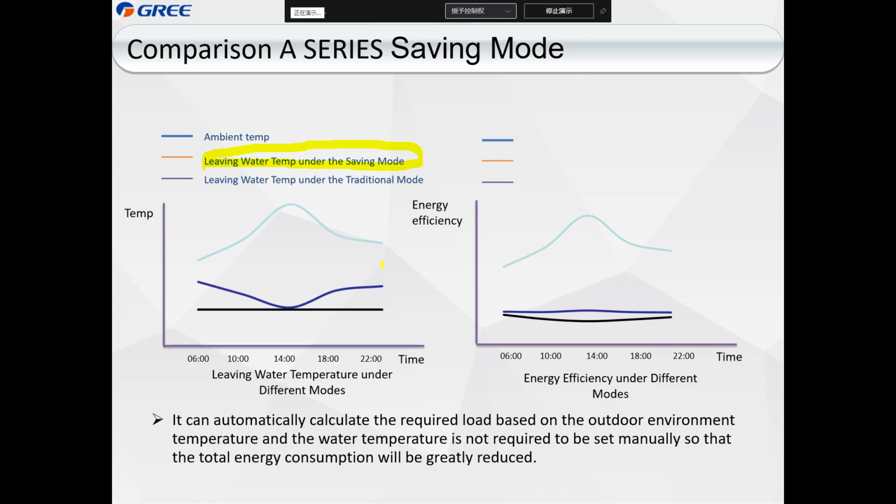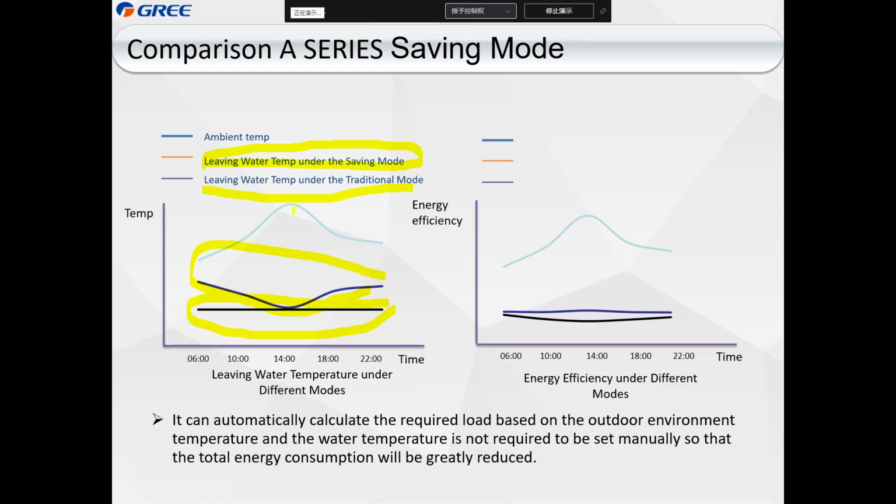This one is the living water temperature curve, and this black one, the lower one, is the living water temperature. Maybe the color is not corresponding.